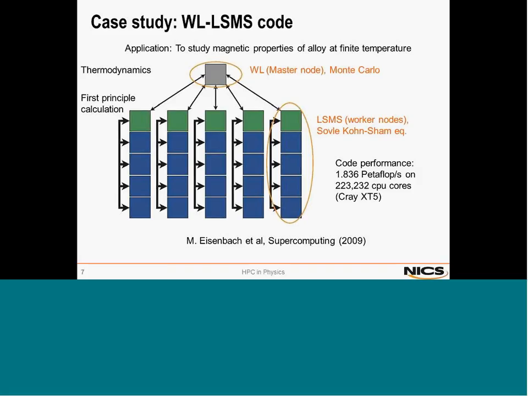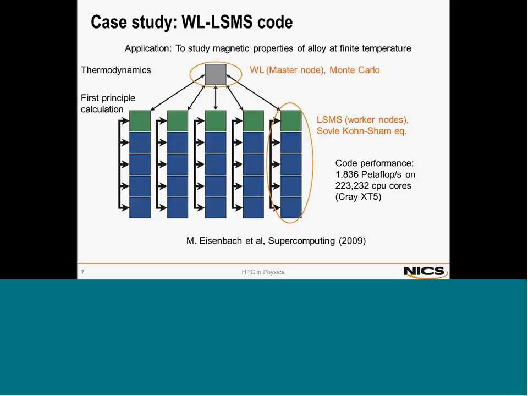So now let's see a specific example. The code is called WLS, and we use this code to study the magnetic properties of alloys at finite temperature. It's a combination of thermodynamics and first principles. Basically, the structure is like this.